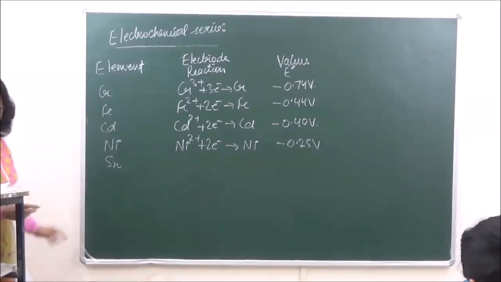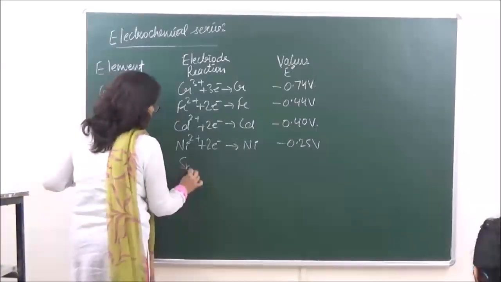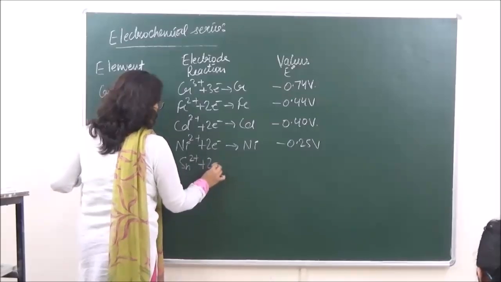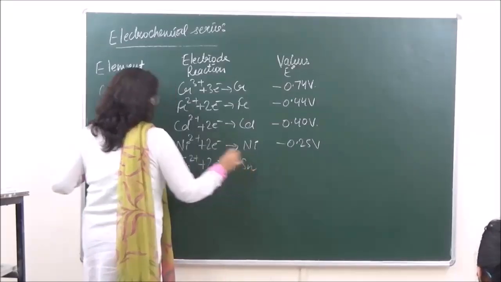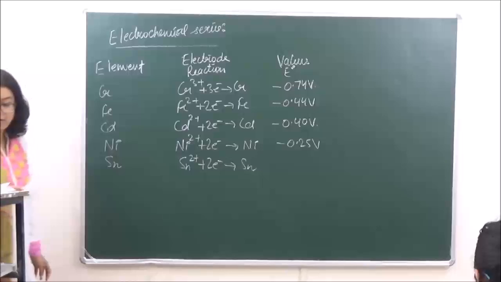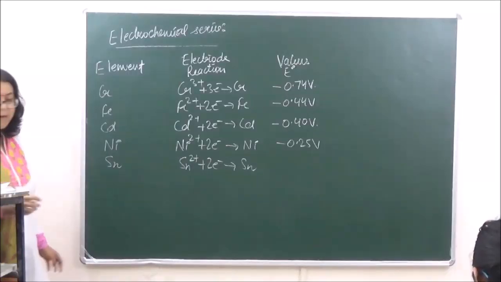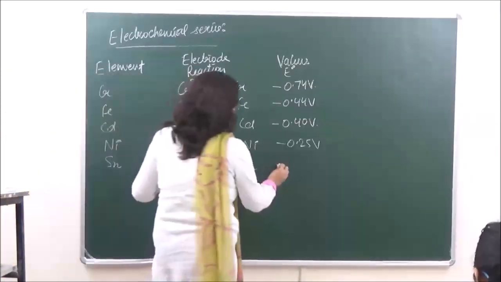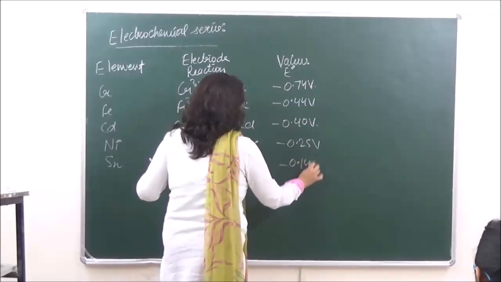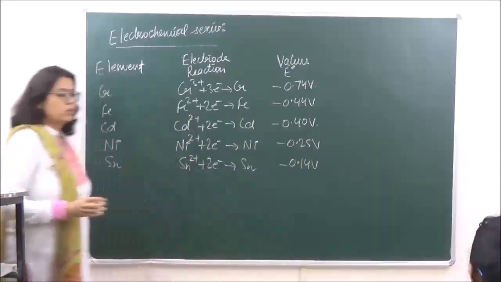After nickel we have tin: Sn2+ plus 2 electrons to give us Sn, and the value over here is minus 0.14 volts.